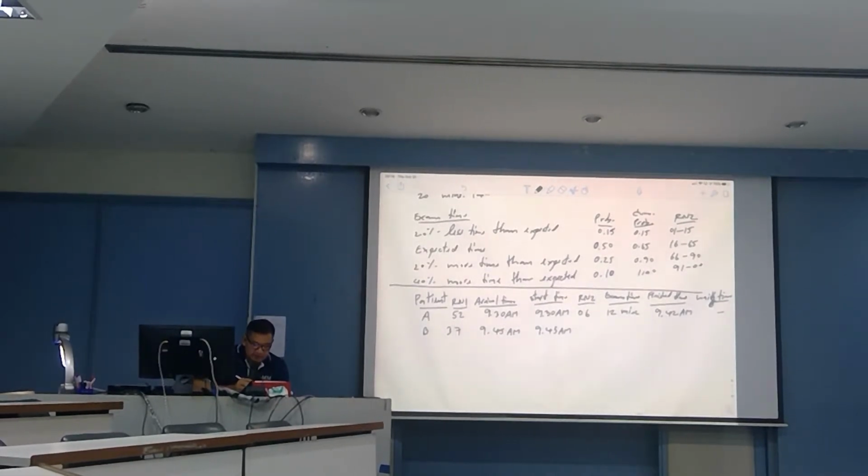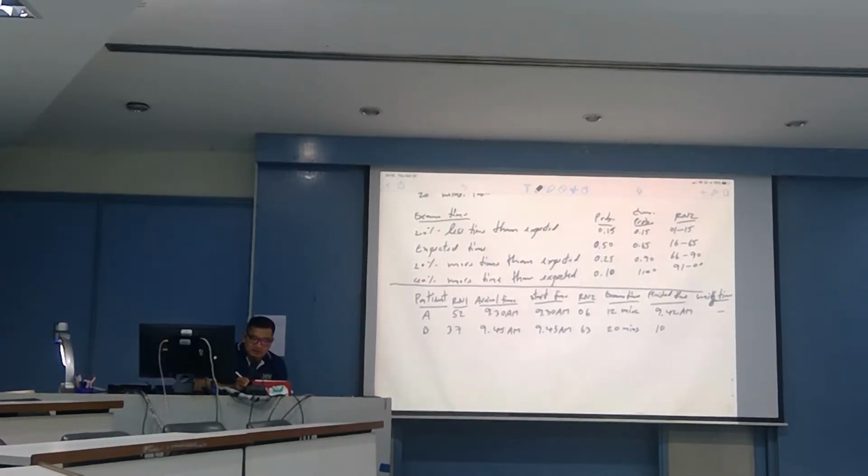The next number is 63. 63 is in the range of 16 to 65, which belongs to expected time. So Brown is expected to have 20 minutes. Then the finish time is 10:05 a.m. No waiting.